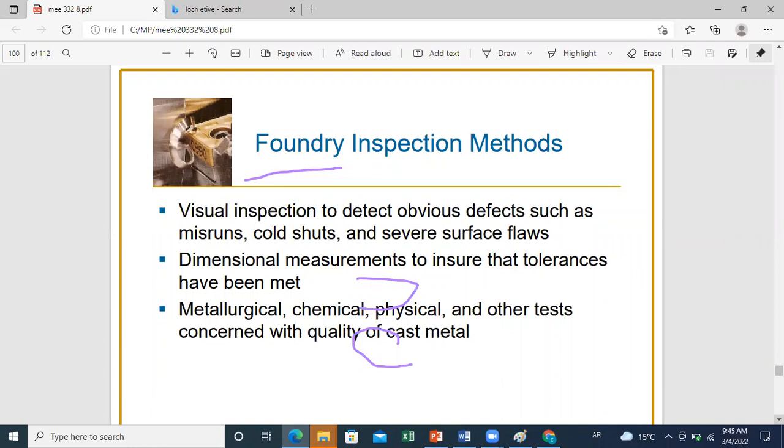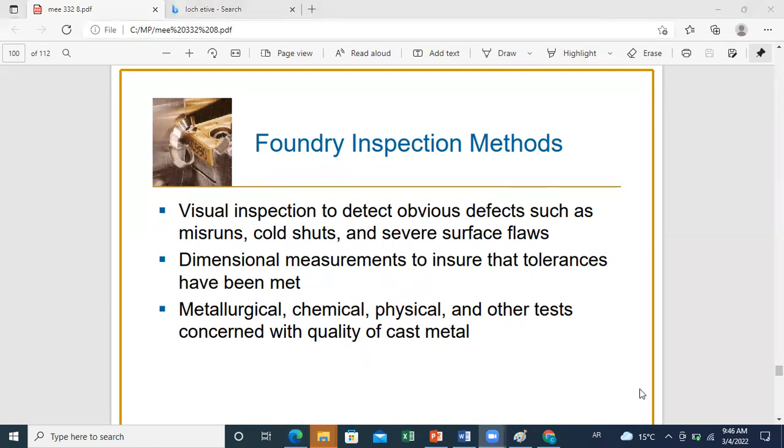You can do metallurgical tests to test the quality of the properties of the components constituting your cast. You can do some chemical tests to check the chemical structure. You can have many other physical tests, which will all test the quality of the cast metal to make sure that the required and desired properties are achieved.